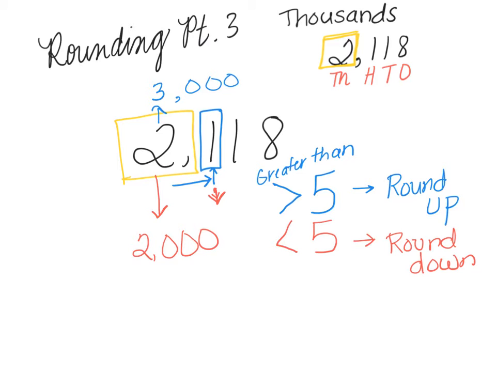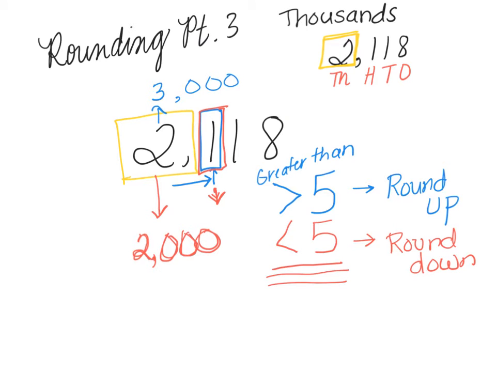So we have to look at this number that is here. And as you can see, it is a 1. Now a 1 is less than 5. So that means I round down. So this 2 stays a 2, and all of the numbers after it turn into zeros.